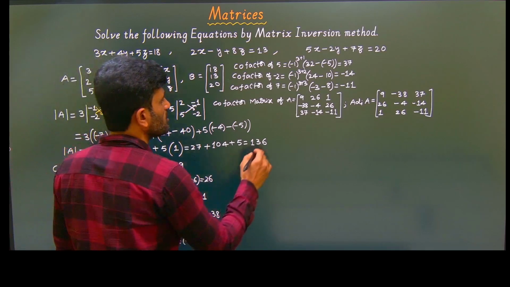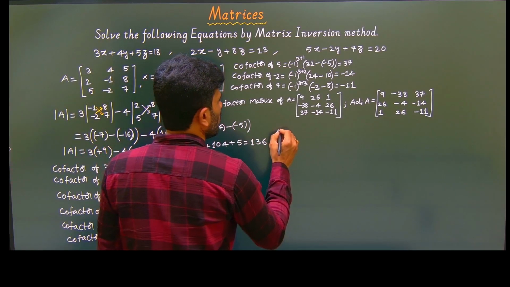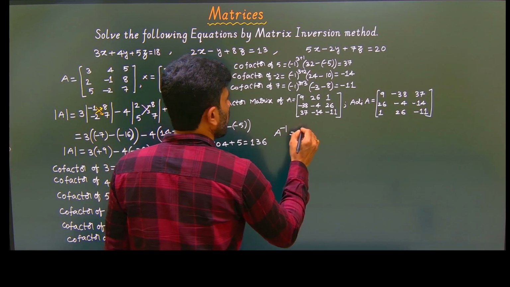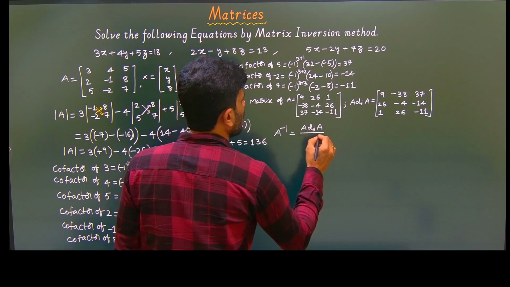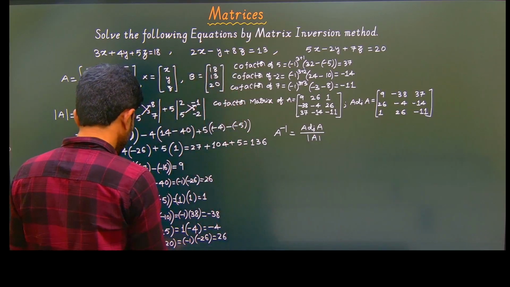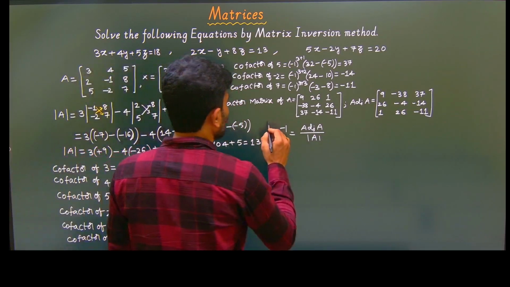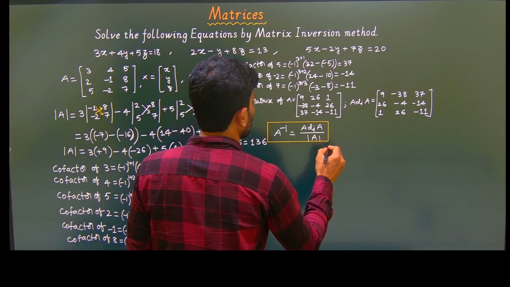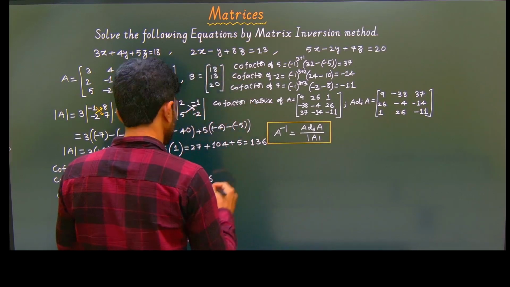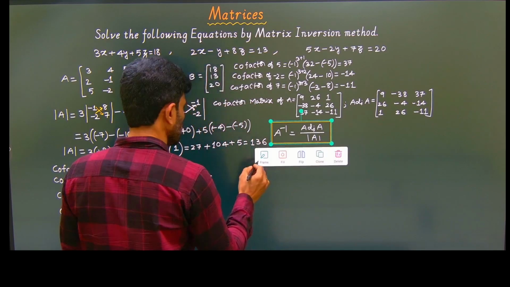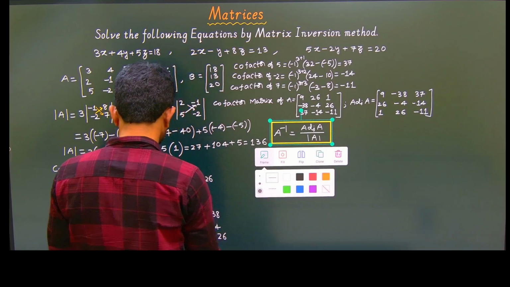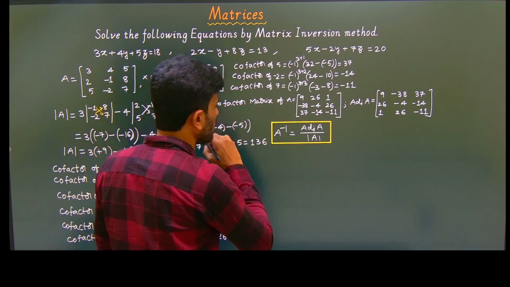Once we know adjoint A, then we have to use the formula to find A inverse. A inverse is equal to adjoint A by det A. We use this formula to find out A inverse. Try to remember it. A inverse is equal to adjoint A by det A. So let us find out A inverse now.